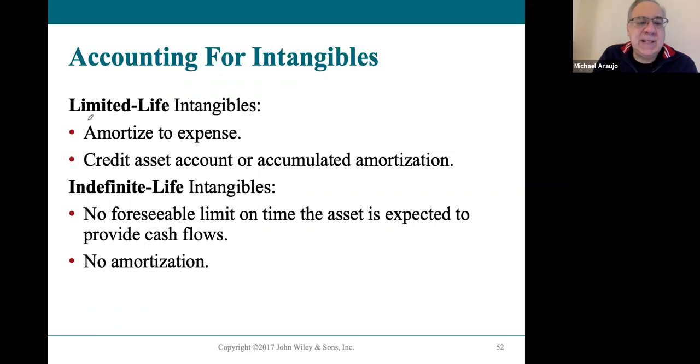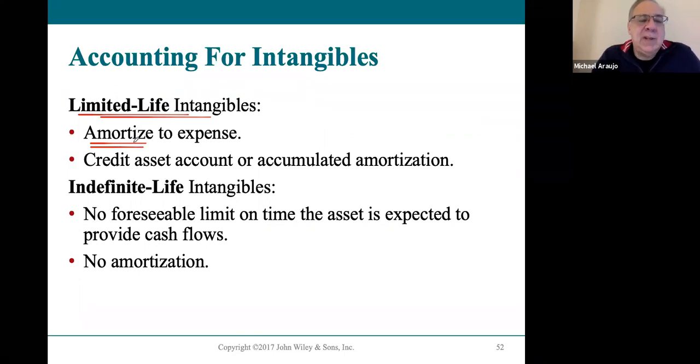In many cases, some intangible assets have only a limited life. And if they have a limited life, they don't depreciate. Intangible assets do something called amortize. Okay, amortization is something that applies to intangibles, whereas depreciation is specific to property, plant, and equipment.